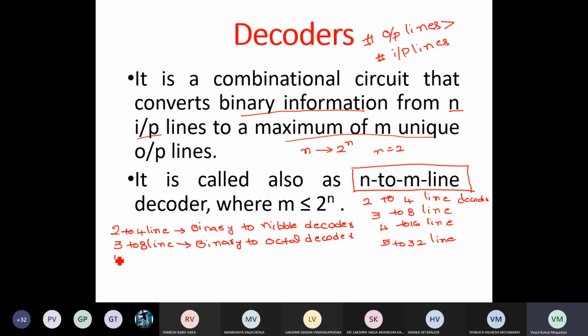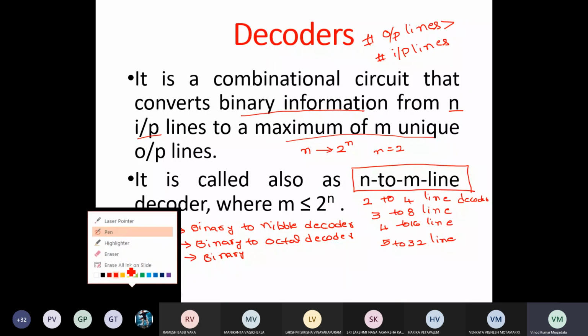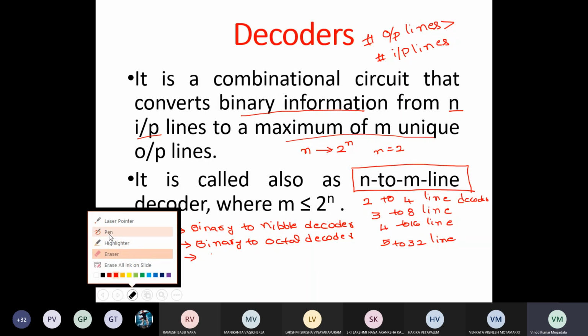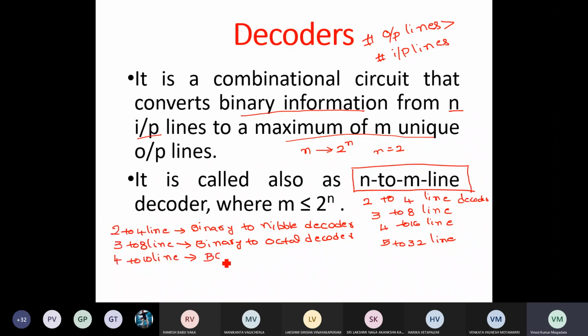And we'll have another one, the 4 to 10 line decoder. A 4 to 16 line decoder is called binary to hexa decoder, or specifically, if your input is a BCD code, then we can have a BCD to decimal decoder.